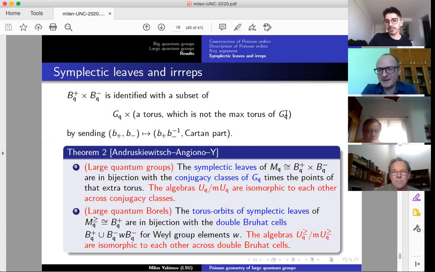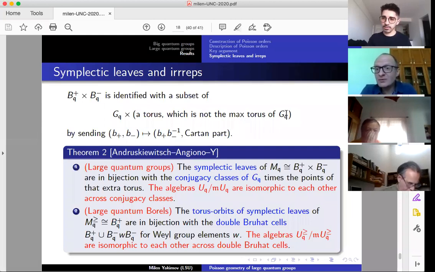And something that I don't understand, these algebras UQ mod M UQ. Are they related? Like, if you have Q and P in the same conjugacy class, are these algebras related somehow? If you have what in the same conjugacy class? Q and say another braiding matrix P. Not really.